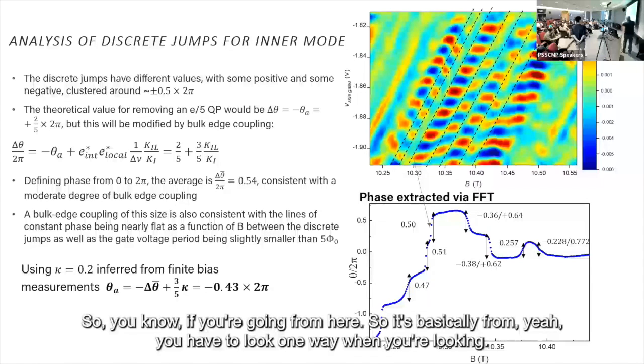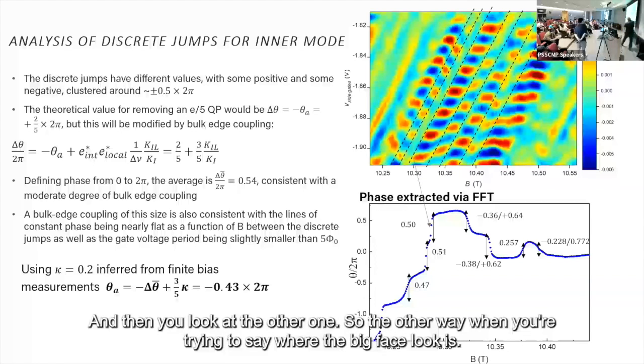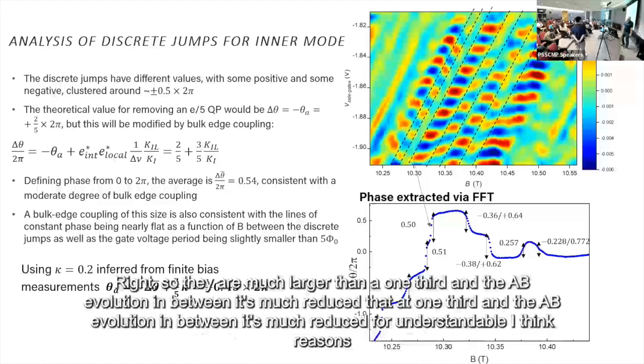Yeah. You have to look one way, and then the other way, when you're trying to say where the big phase shift is. I see. Right, so they're much larger than 1/3, and the AB evolution in between is much reduced. Okay. For understandable reasons, I think.